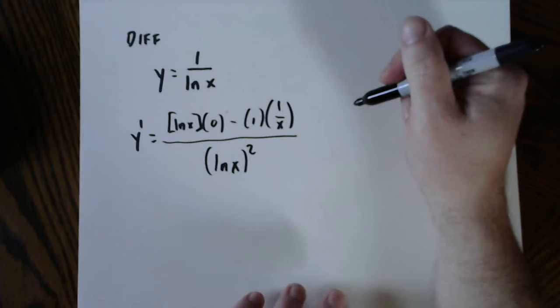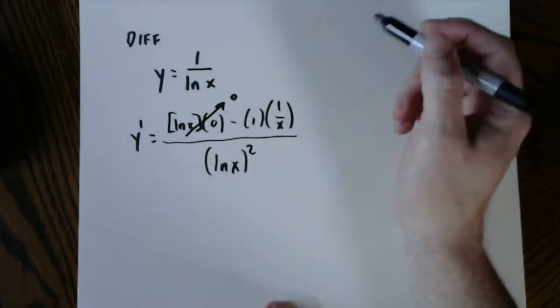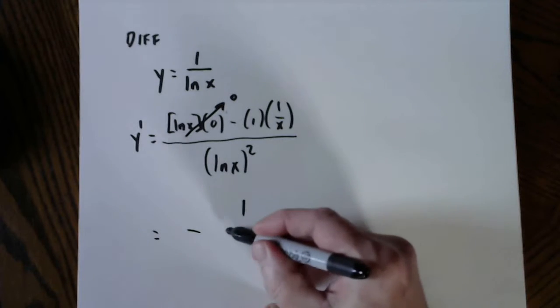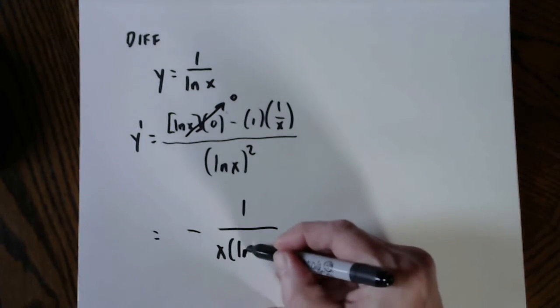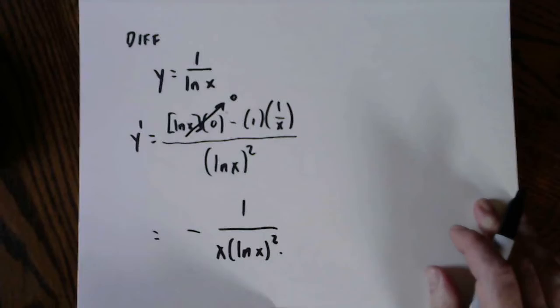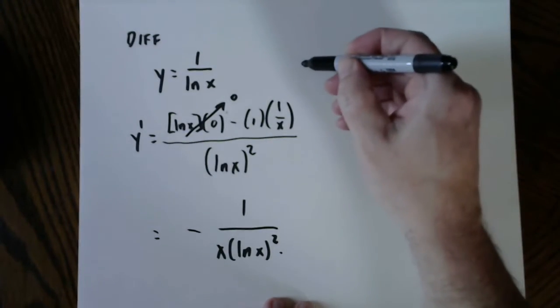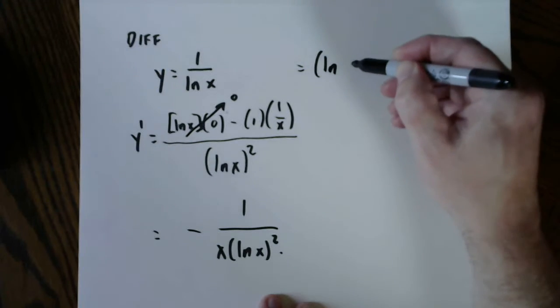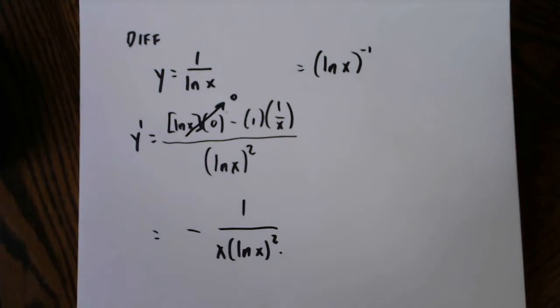Bottom squared. So this zeroes out, right? So what do we have here? Negative 1 over x. Okay. Also, just want to point out, if you have a constant on top, sometimes you can pull this trick. Nobody likes the quotient rule, right?